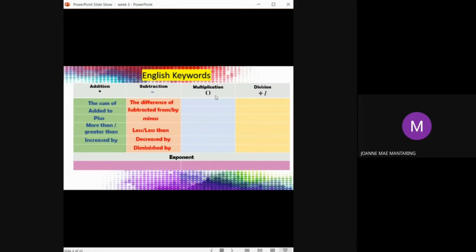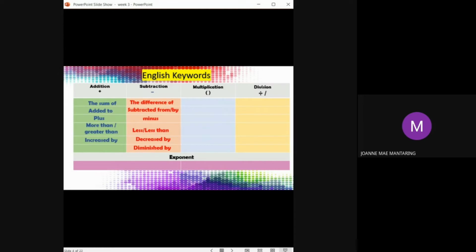Kasi nga, in algebra, gumagamit tayo ng mga letters, mga variables. Say, for example, we use x as a variable, and then we multiply it by 2, x times 2. At kapag ang ginamit natin po na symbol to multiply that is the x, di ba, ang mangyayari, x2. So, nakakalito po yun. Kaya, we eliminate using x as a symbol in algebra.